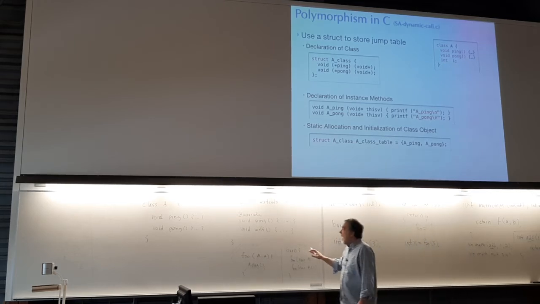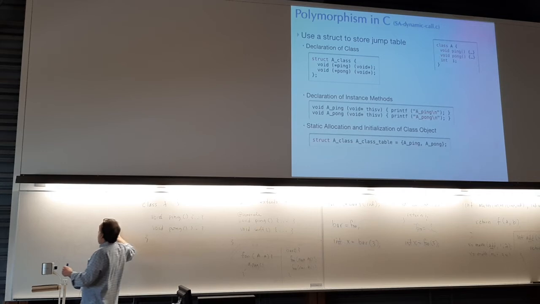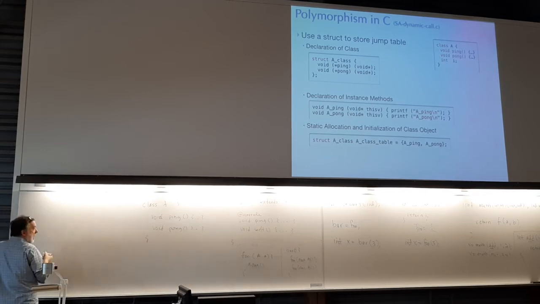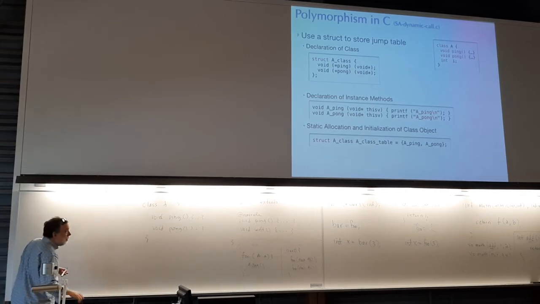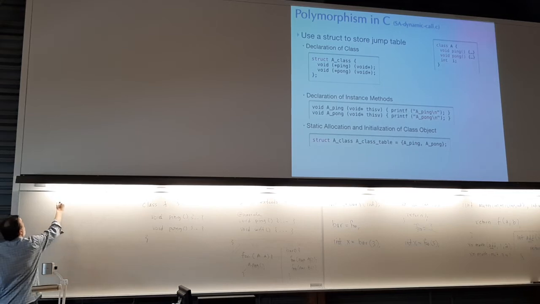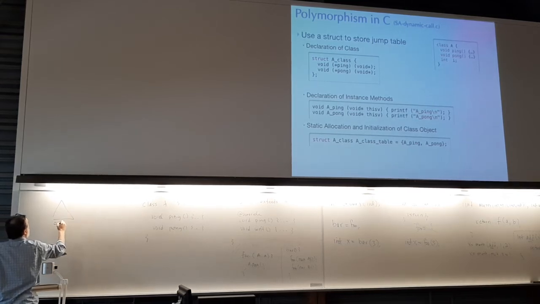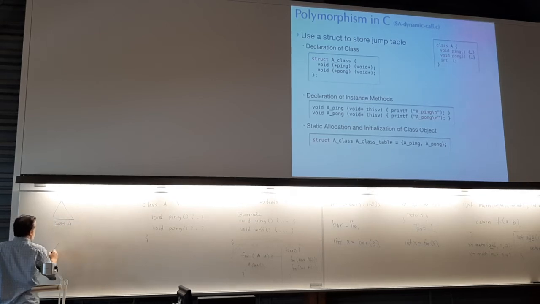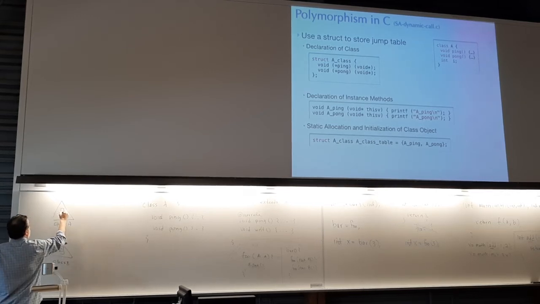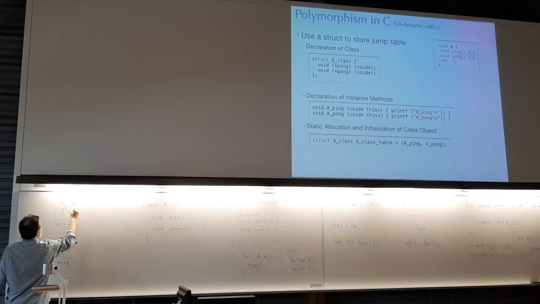We know that from what I wrote up here before, which I'm going to write again, I'm using my black pen. Switch over to blue here for this, is that I have class A, class B, which include jump tables that have pointers to the code.